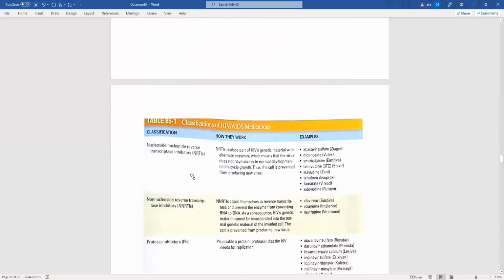So this is the box in 85-1. Well, this is a table, not a box. There is an important in-practice medication table, 85-1, HIV medication. Go and look at that. In the new book, it's 15-11. It starts off with the classifications that are effective after entering a CD4 cell, and then the classifications that prevent HIV from entering the CD4 cell.